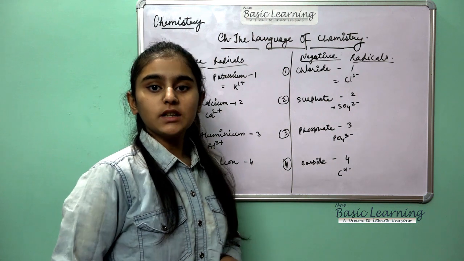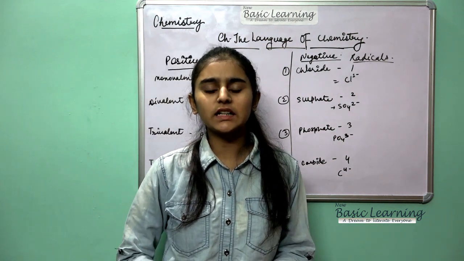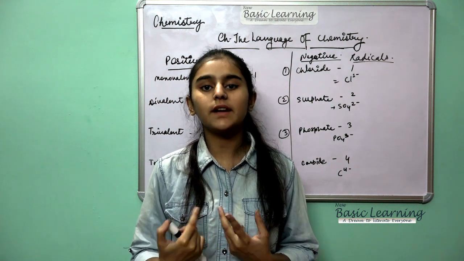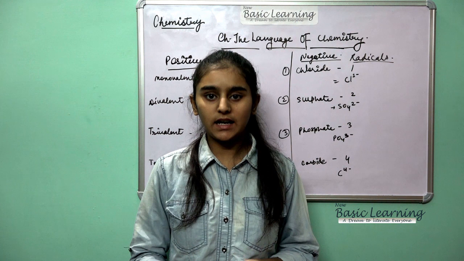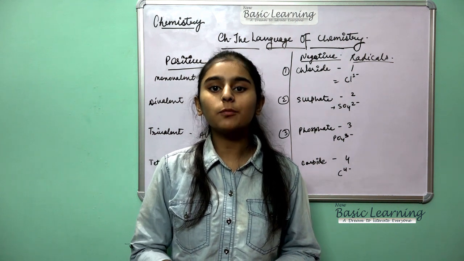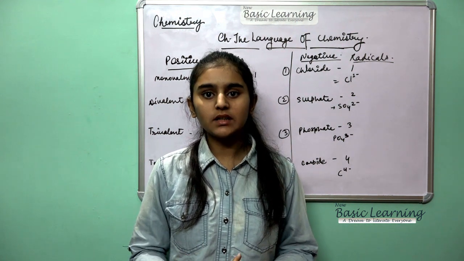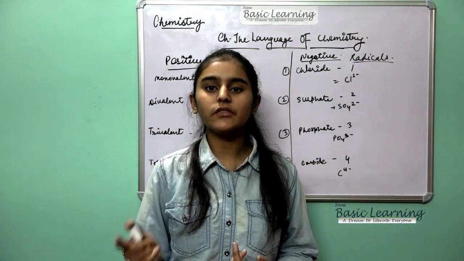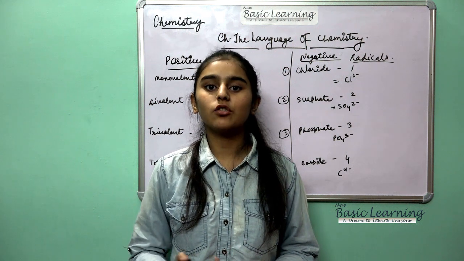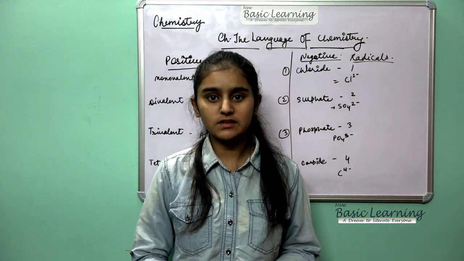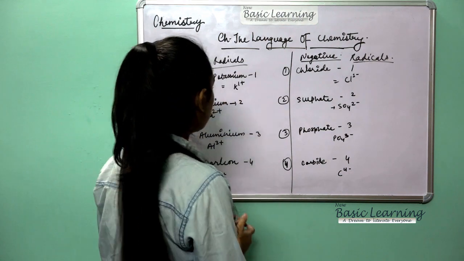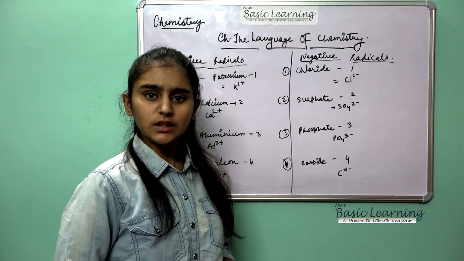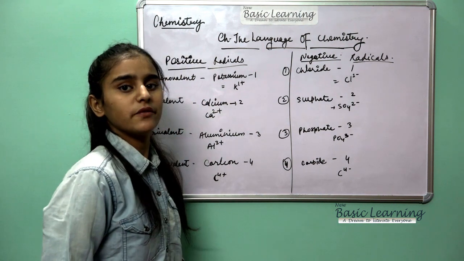Now we will talk about the radicals. What is a radical? A radical is an atom of an element or a group of atoms of different elements that behaves like a single unit, or shows valency.